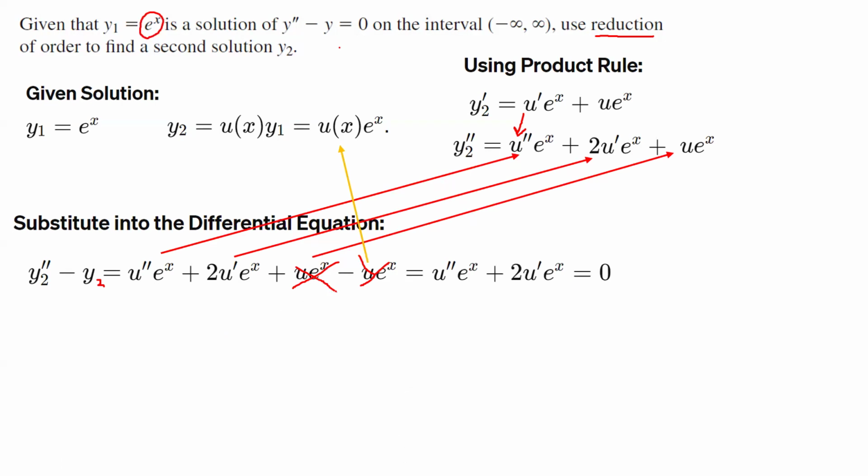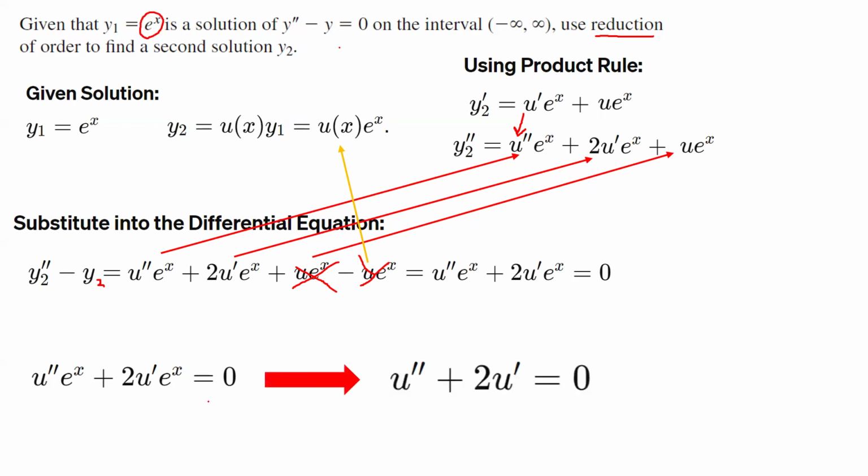Why? Because you have a homogeneous differential equation, it is equal to 0. Now, in setting this equal to 0, you only need to set u double prime plus 2u prime equal to 0. Why is that? If I factor out e to the x and set e to the x equal to 0, this equation has no solution.